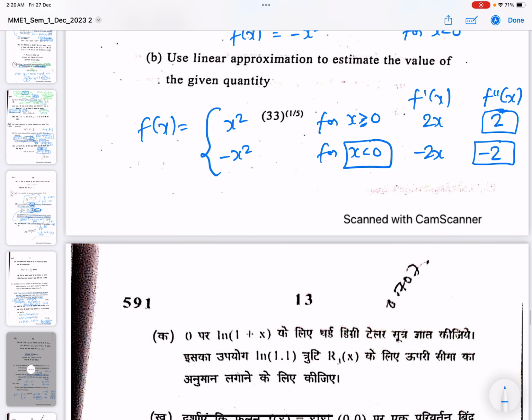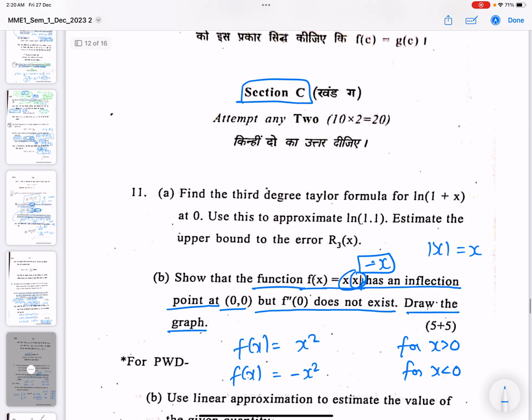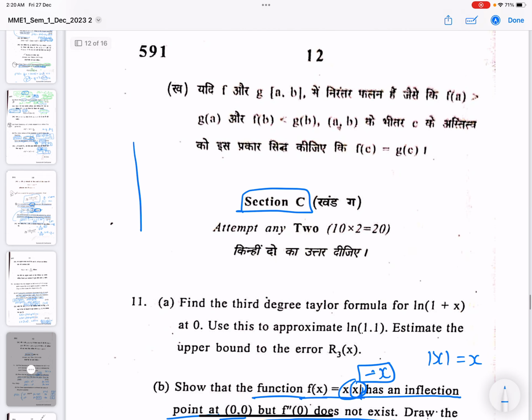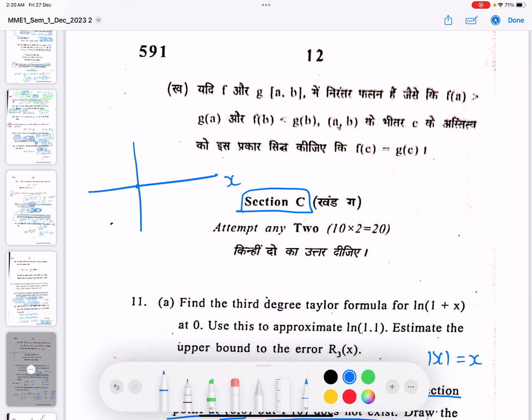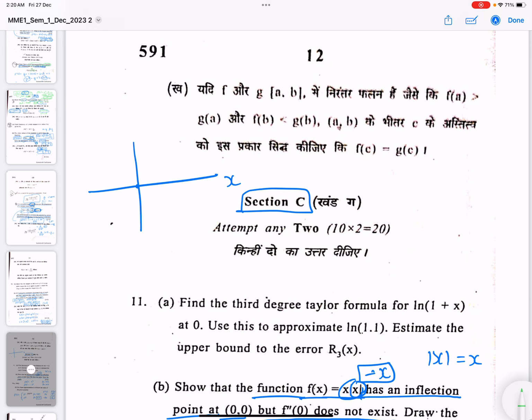So for values of x less than 0, the function is concave, and after that it becomes convex. So we can see f double dash would change sign here.